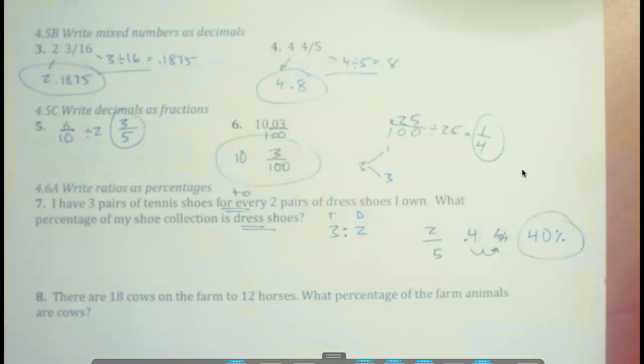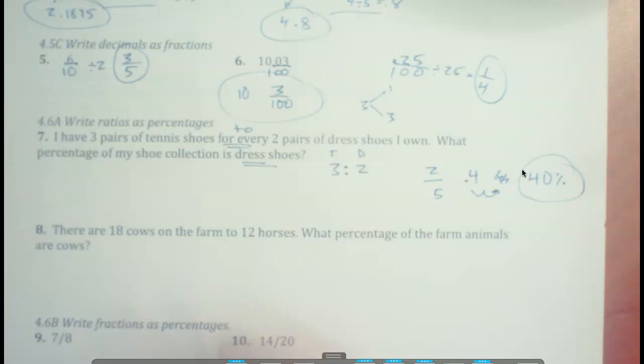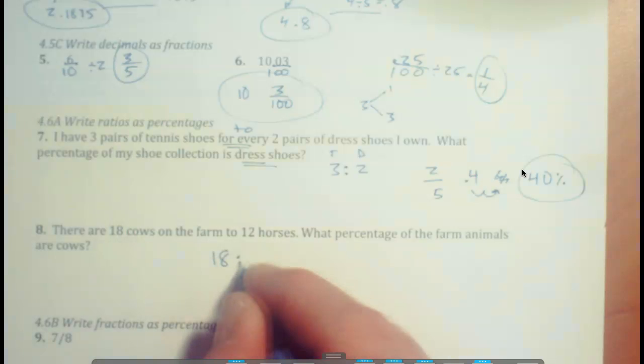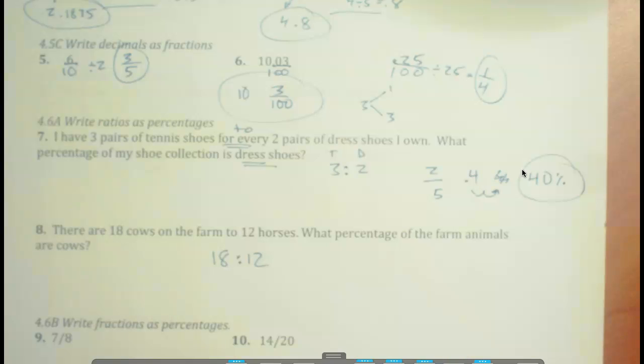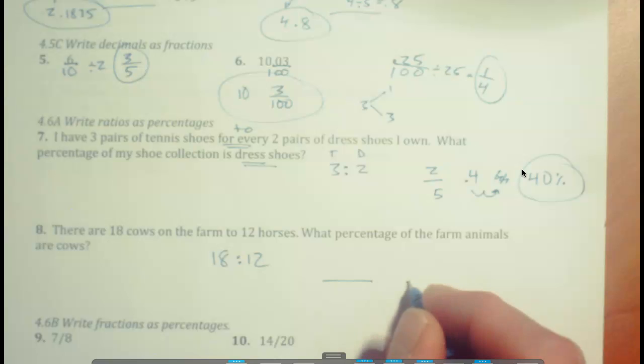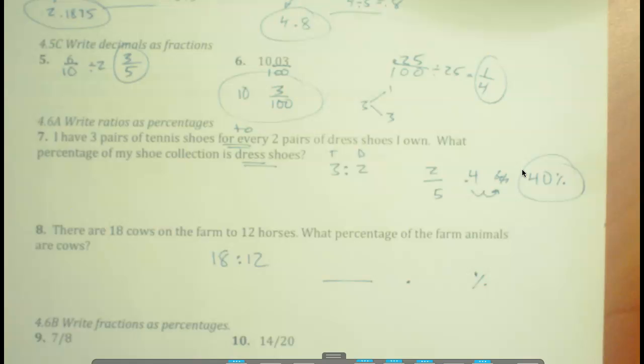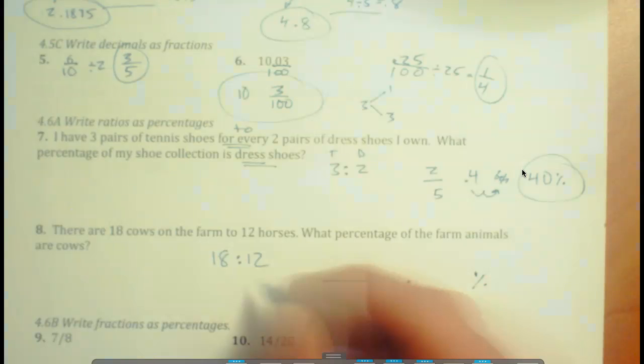All right, same thing here with cows and horses. There are 18 cows on the farm to 12 horses. What percentage of the farm animals belongs to a cow? Well, we've got to get to a fraction, which means we've got to get to a decimal. Then we'll go to a percent. So 18/12, how many total animals?